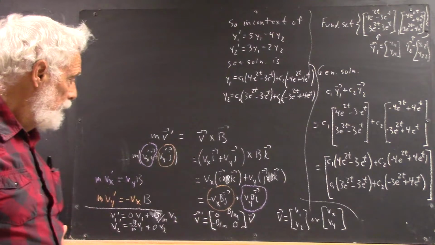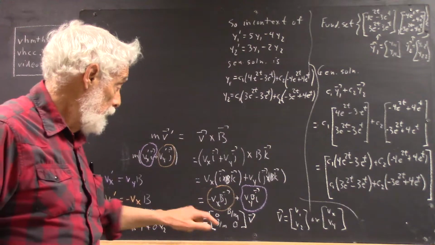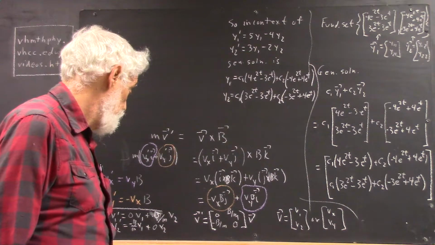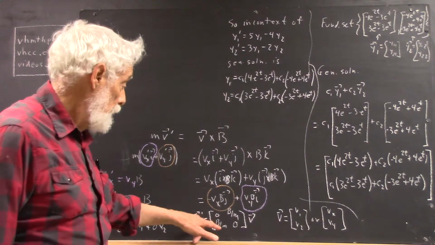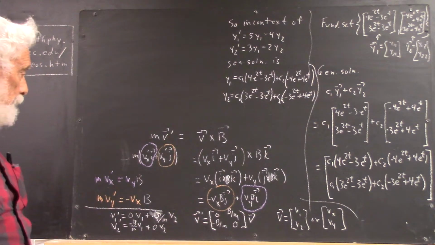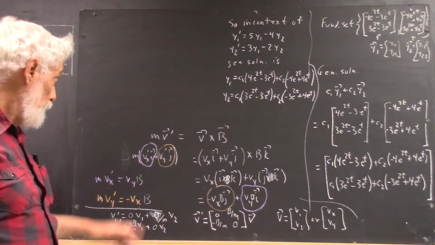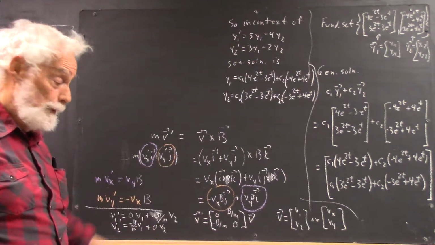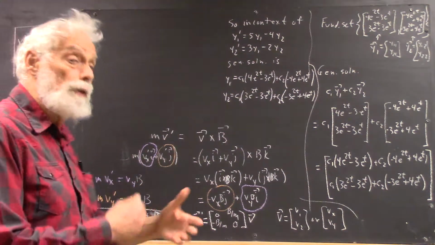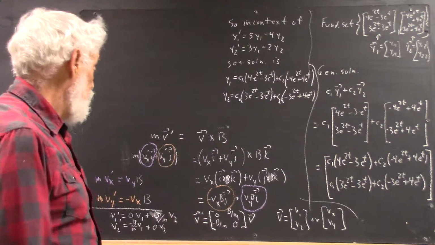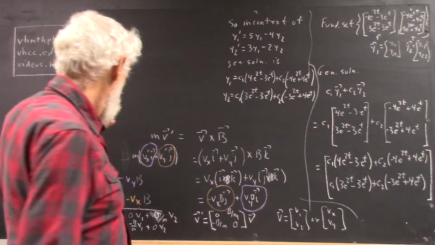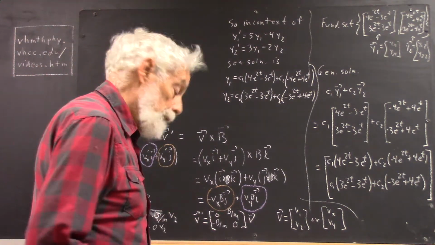All the methods we've used apply in this case. So you can solve this in one way or another. The basic idea is that you get two equations and two unknowns, one for the i component and one for the j component. In a more general case where everything's in 3 dimensions, you could get 3 equations and 3 unknowns. It'd be a little more complicated, but all the methods that we've used apply to that kind of a system.